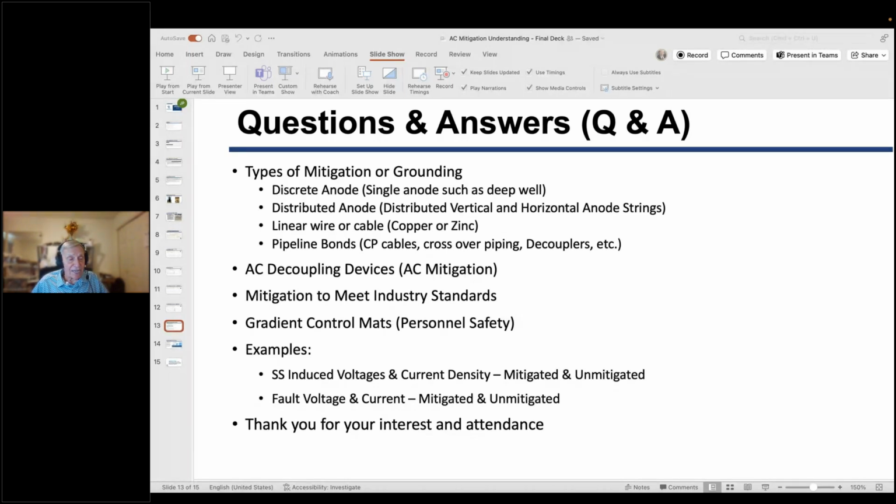From an industry standard, you would base it on the type of potentials, or in the case of current density, we have current density criteria that are out there. They're different levels. Of course, it's based also on how much DC current density you have on your pipe. So it's a combination of two different standards.